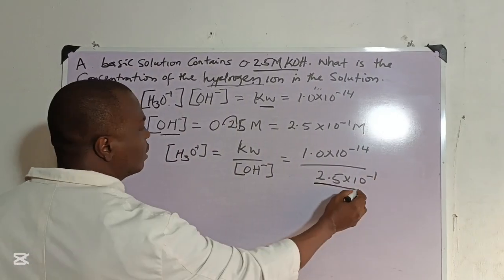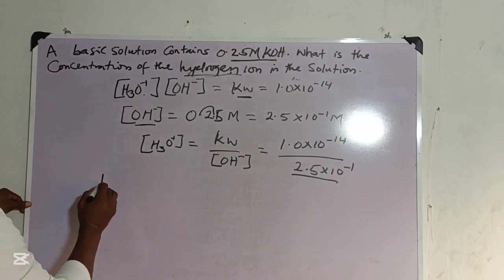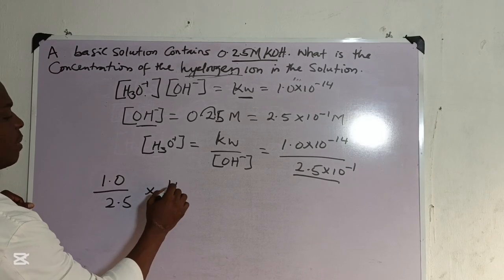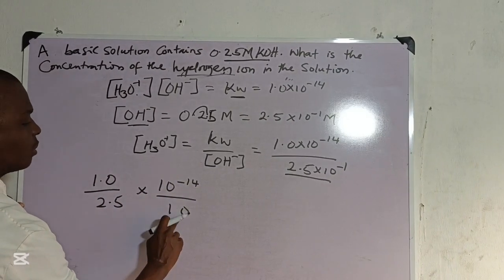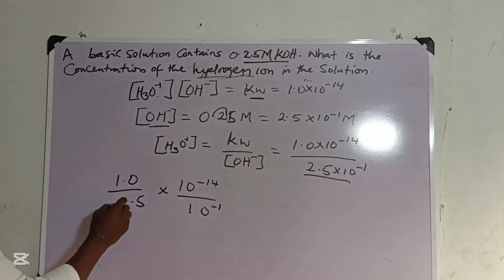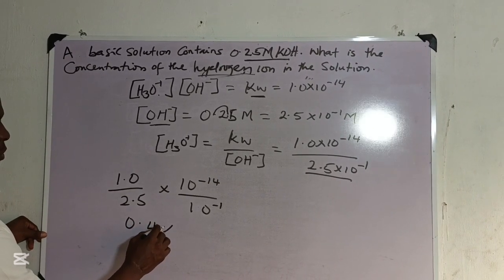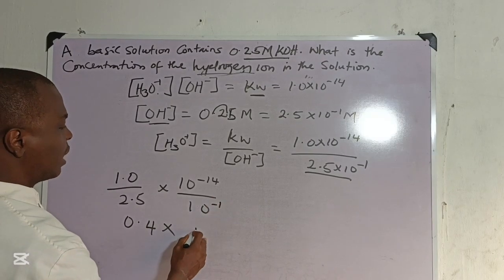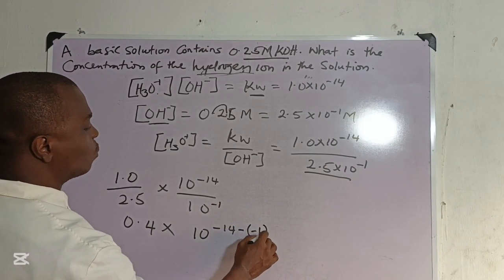Now, in order to solve this carefully, we will separate the decimals from the powers of 10, and we'll get 1.0 all over 2.5 multiplied by 10 raised to power minus 14 over 10 raised to power minus 1. If we divide 1 by 2.5, we get 0.4. Going through the laws of indices, we get 10 raised to power minus 14 minus 1.